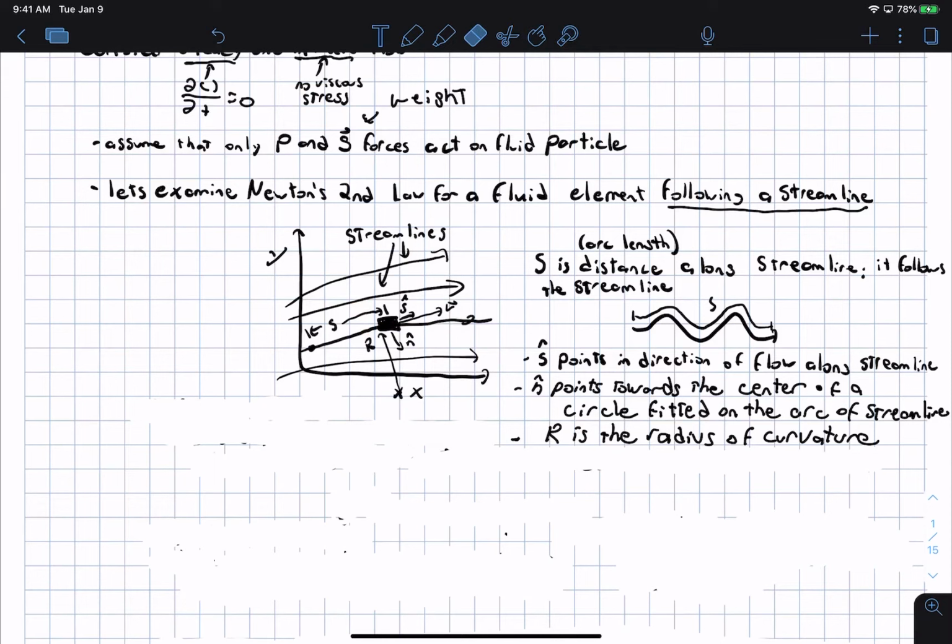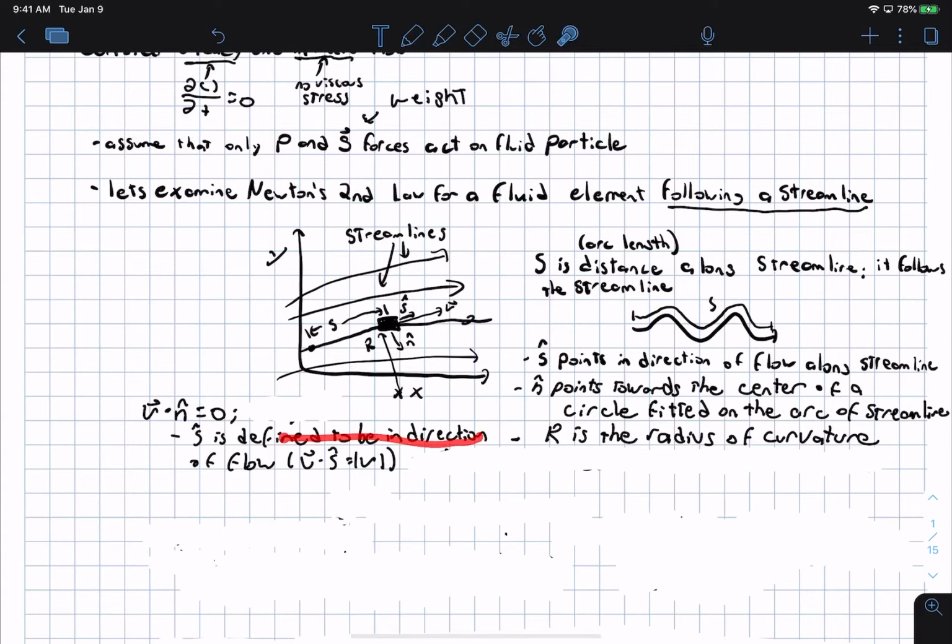Why is that? Because v is defined to be going along the streamline, since the fluid element is following the streamline, so v dot n hat is 0.